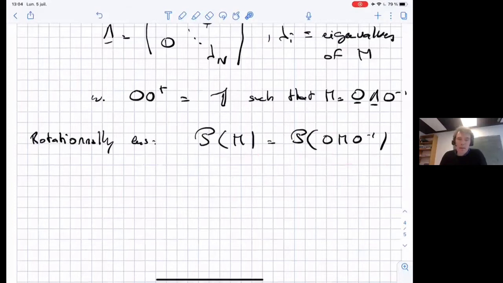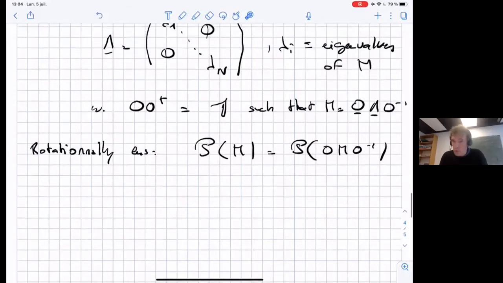So essentially it means that the measure will only depend on the eigenvalues of your matrices. These are called rotationally invariant ensembles. And what happens is that in such ensembles, the eigenvectors actually do not play an important role.